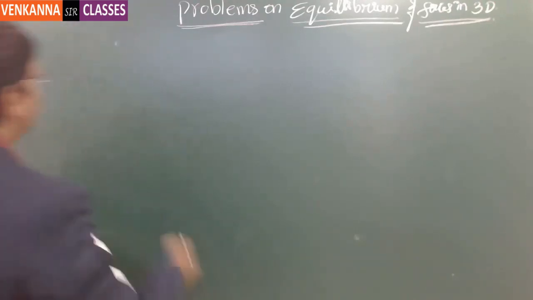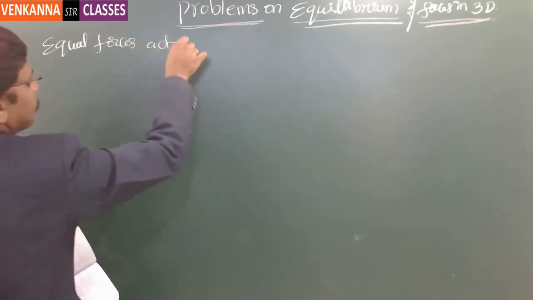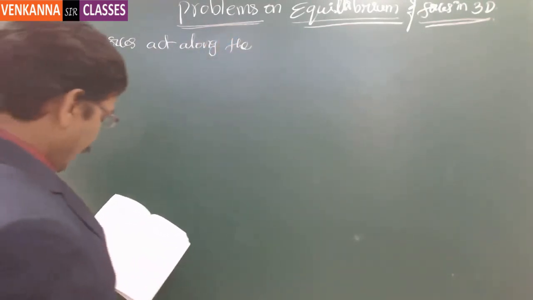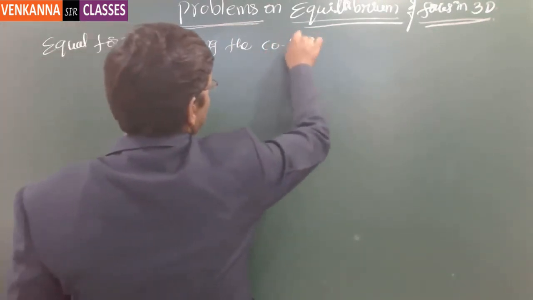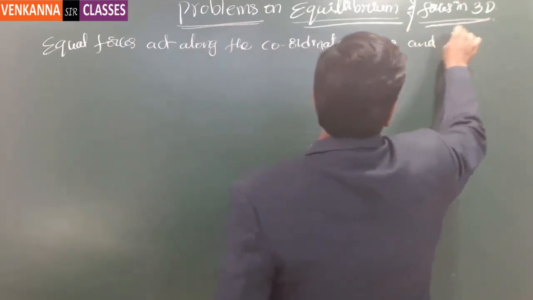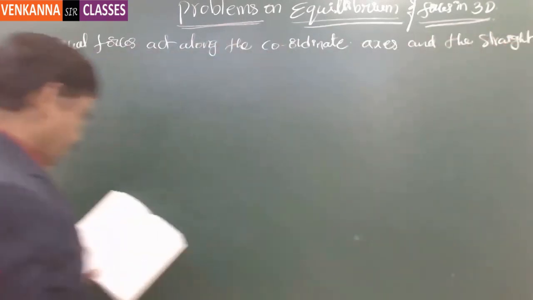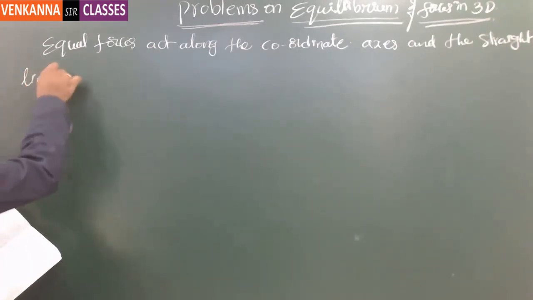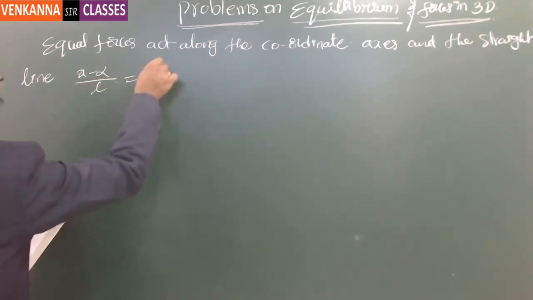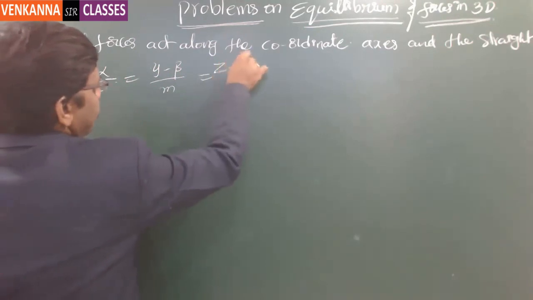Equal forces act along the coordinate axes and the straight line (x minus alpha)/L equal to (y minus beta)/M is equal to (z minus gamma)/N.